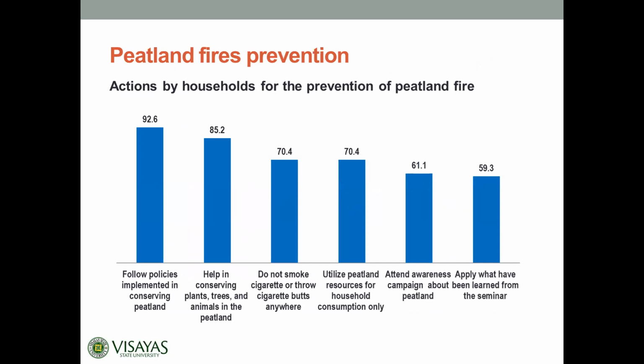But this is part of the limitation when we do surveys, when we interview people, even if it is eye-to-eye contact, because people can always easily mask information. They say that they follow practices and policies implemented in conserving the peatland. But at some point, some of what they claim they're doing is contrary to what they really are doing.